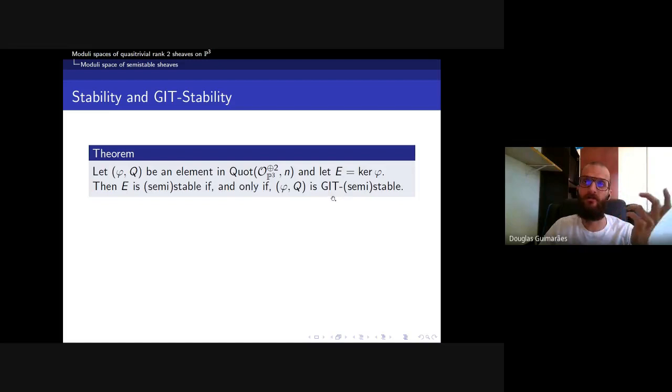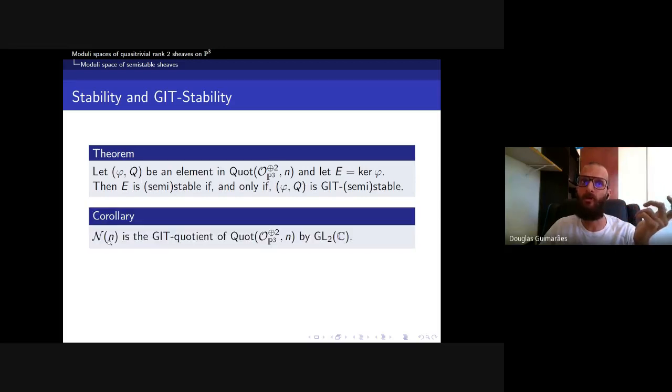And this GIT is in the sense of geometric invariant theory, and it utilizes the Hilbert-Mumford criterion that I'm not going to talk about. But the point is, this theorem implies that our moduli space is the GIT quotient of the Quot-scheme by this action of GL2.